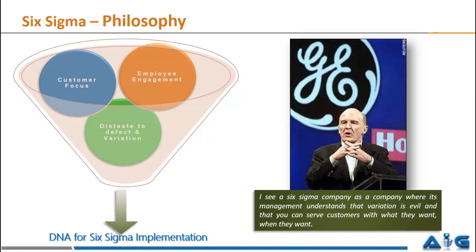The second was employee engagement. For an organization to run its improvement journey well, it was important that every element of the organization starts to participate in the improvement journey. In our museum example also, you may have understood that the caretaker of the museum was the one who could help Jack with the root causes of the problem.